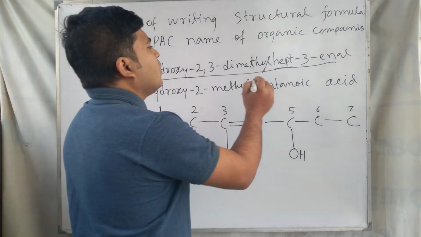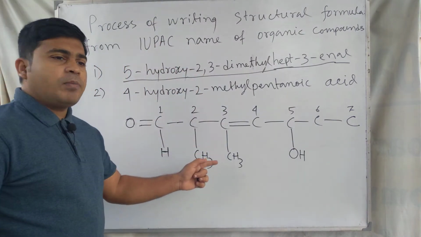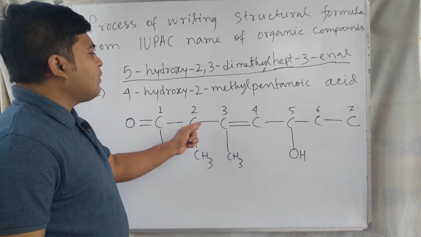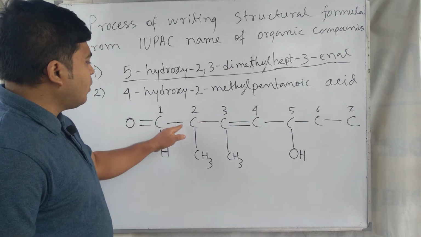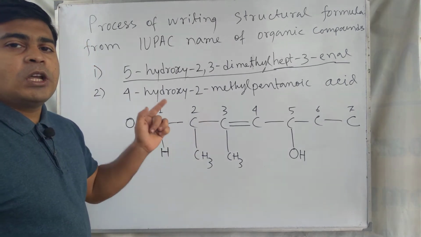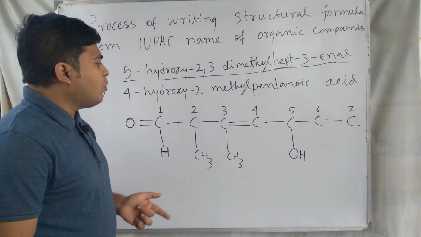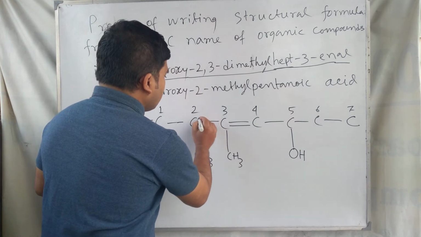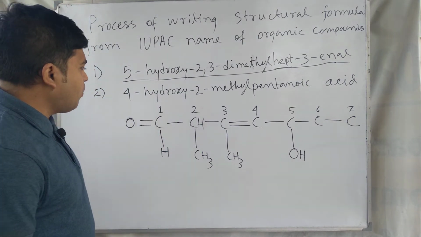So the total name is completed up to here, but the structure is not completed because we are seeing that the valencies are not satisfied at some positions. Like at the 2 position, carbon has completed 3 valencies, but carbon is tetravalent and must satisfy 4 valencies. So here we have to write 1 hydrogen to satisfy the tetravalency of carbon.